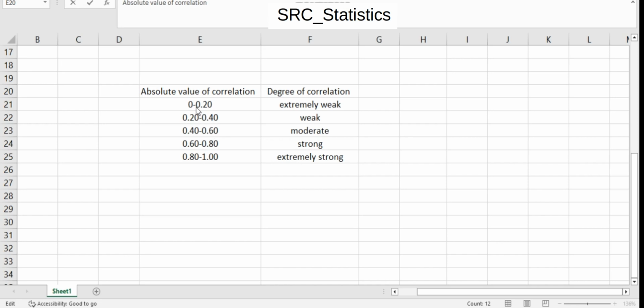That means if correlation lies between 0 to 0.20 or negative 0.20 to 0, there is extremely weak correlation. 0.20 to 0.40 is weak correlation, or negative 0.40 to negative 0.20 is weak correlation. 0.40 to 0.60 moderate correlation, 0.60 to 0.80 strong correlation, and 0.80 to 1 is extremely strong correlation between two variables.